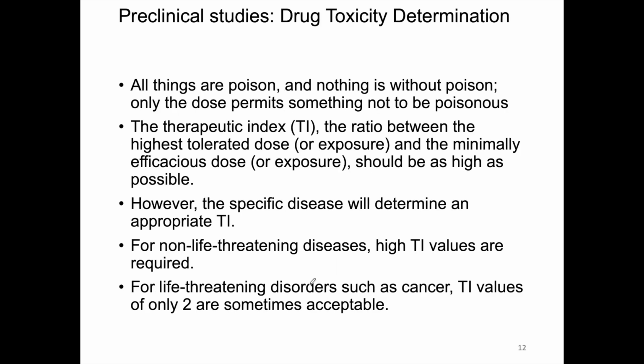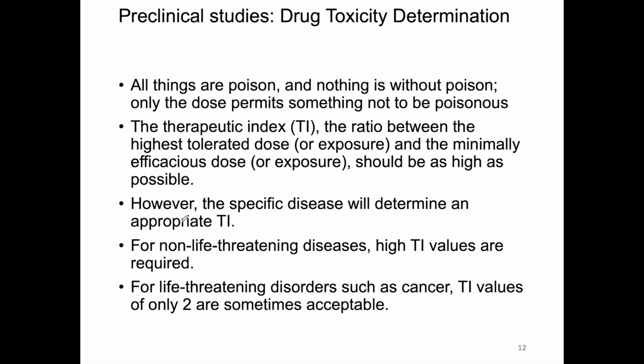You can also, during the preclinical trial process, have drug toxicity determination. Things are poisons. You need to get the right dose, and you need to determine the therapeutic index for a particular drug. Obviously, you want the ratio of the highest tolerated dose to the minimally efficacious dose to be as high as possible.